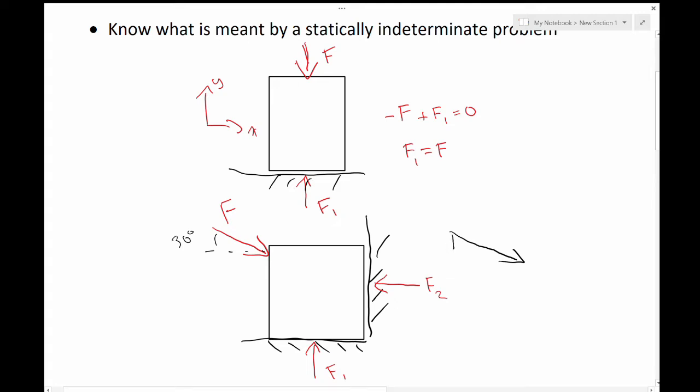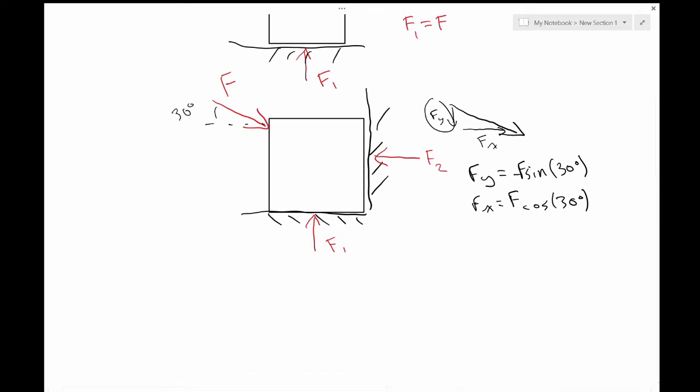F can be broken up into two components, Fy and Fx, and by trigonometry, Fy is going to be equal to negative F sine 30 degrees, and Fx is going to be equal to F cos 30 degrees. Again, that negative sign is just because this is drawn in the negative direction here.